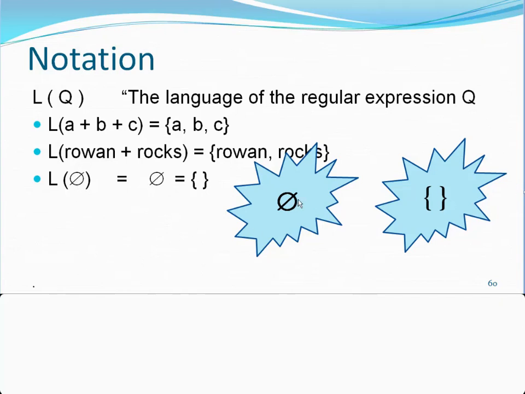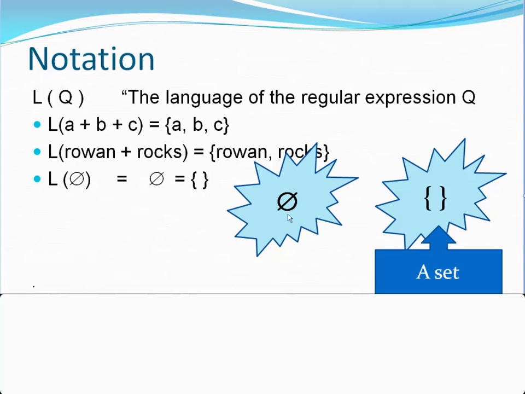Let me explain why I threw these two guys up here. If you see these two set signs floating in space somewhere, you know for sure that's a set, because in regular expression land, we never have curly braces.